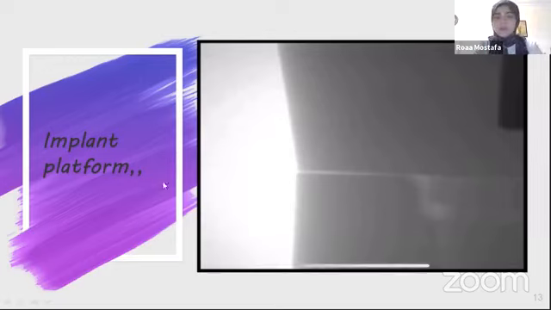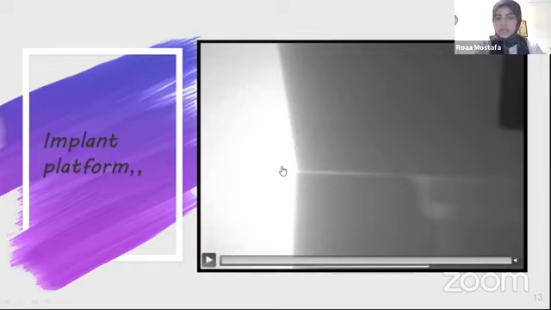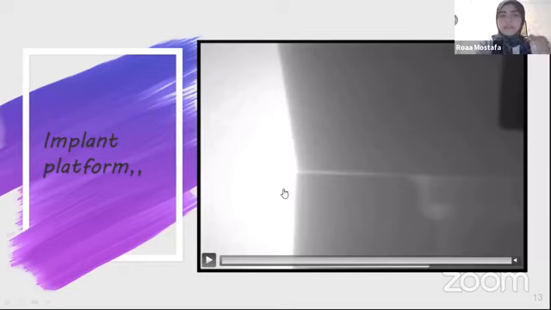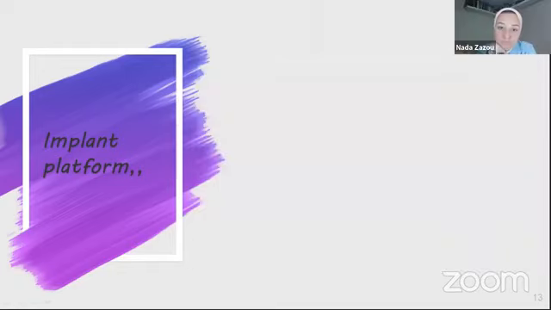This is called non-platform switched implants, okay? This gap, they say, is measured at 10 microns, and the diameter of the bacteria is only 2 microns. So this gap can allow for both invasion and colonization of bacteria, which could affect the periodontium and cause peri-implant diseases.